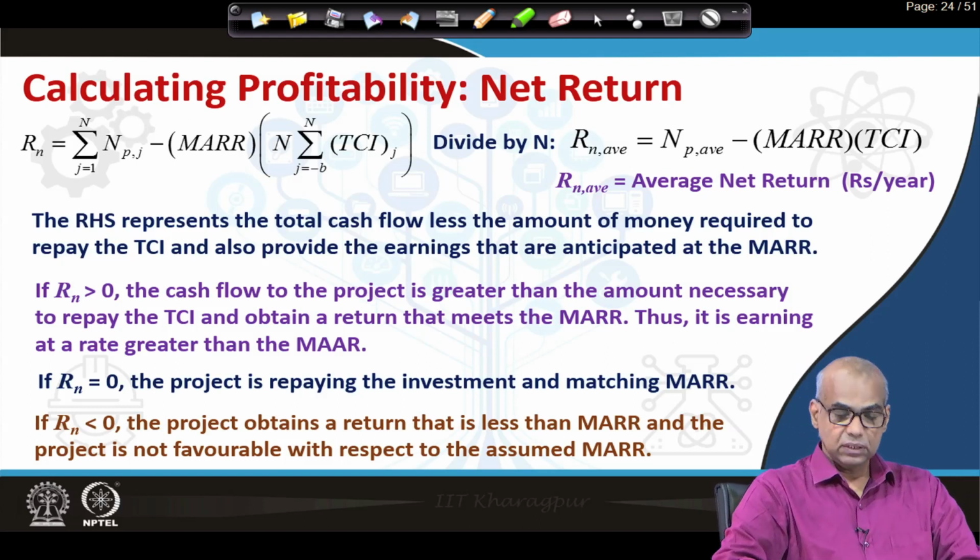So, the project is favorable when the net return value is preferably greater than 0 or at least equal to 0. But if the net return value is less than 0, the project is not at all favorable with respect to the assumed minimum acceptable rate of return.